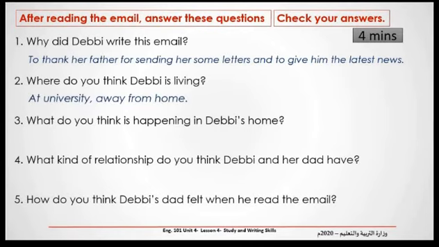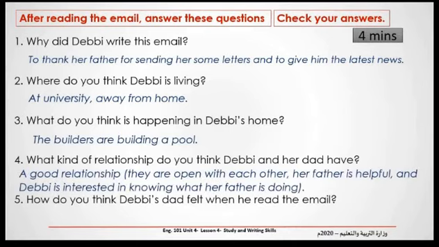Number 3, what do you think is happening in Debbie's home? The builders are building a pool. Number 4, what kind of relationship do you think Debbie and her dad have? A good relationship. They are open with each other.